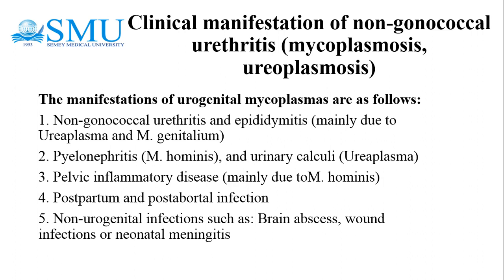Clinical manifestations of urogenital mycoplasmas are as follows: non-gonococcal urethritis and epididymitis, mainly due to Ureaplasma and Mycoplasma genitalium; pyelonephritis caused by Mycoplasma hominis; and urinary calculi, Ureaplasma.